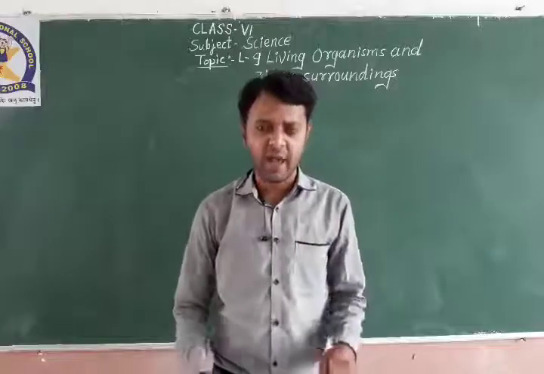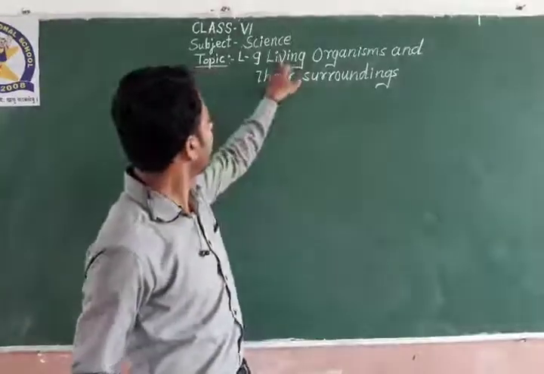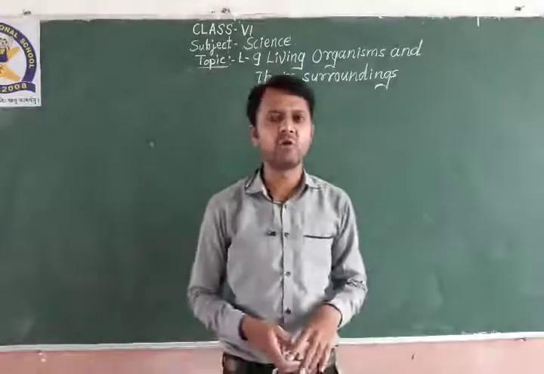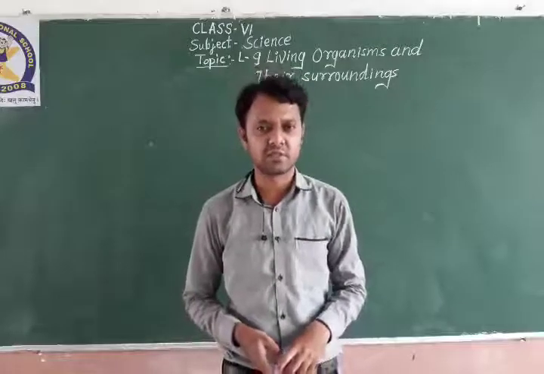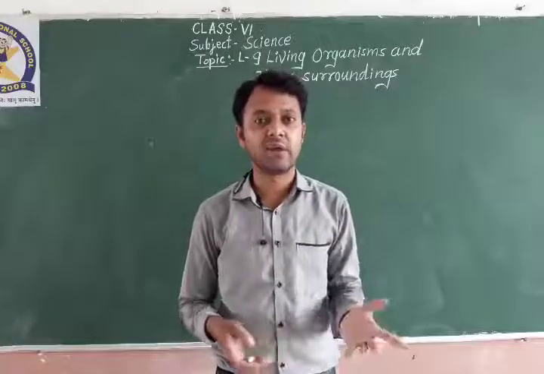First of all, as the name of the chapter is the living organisms and their surroundings, we need to focus on what living organisms are, to whom we can call a living organism.